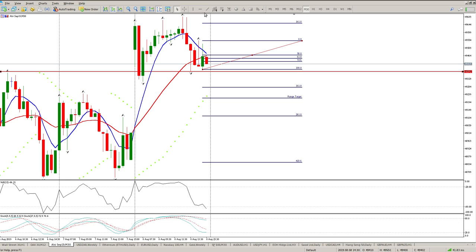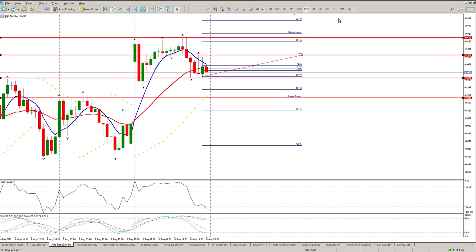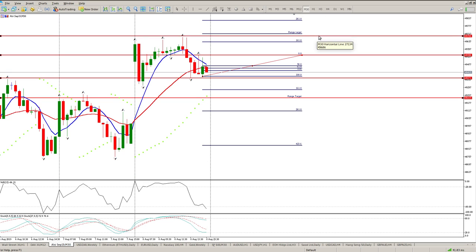The Dow and the Dax are not looking very promising at the moment. Let me just get this up and then we can talk about it.